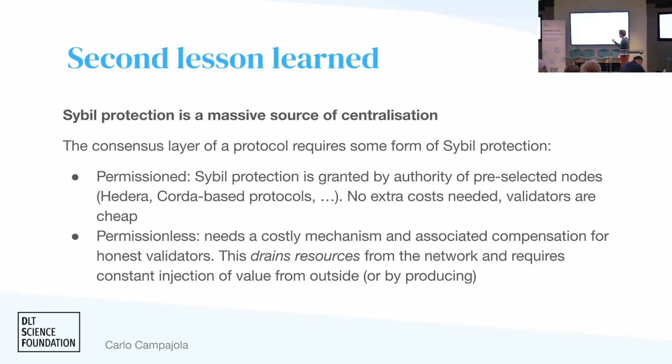So this requires resources from the network, and these are drained from the value that is taken in from outside or produced on the network. Okay, so if you produce something on a blockchain that is permissionless, you're going to pay part of that as a fee to the validators, just to keep the system running and being honest.